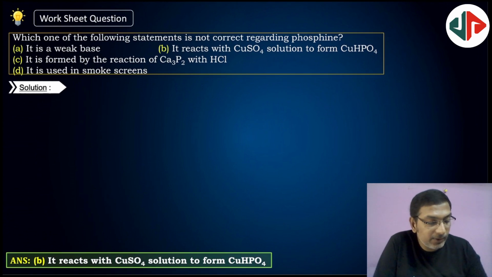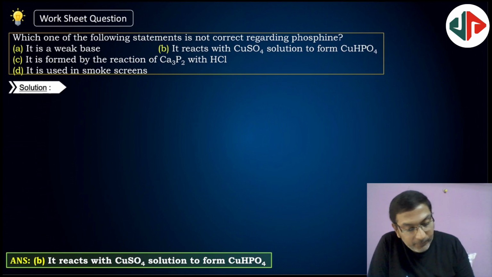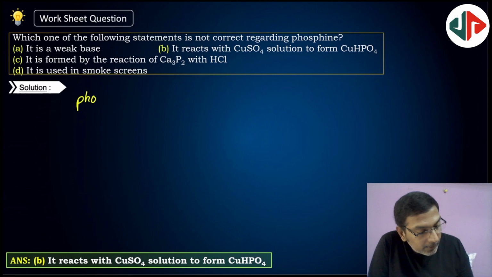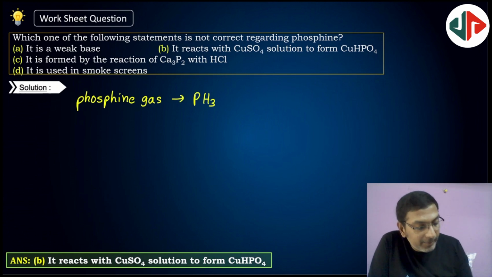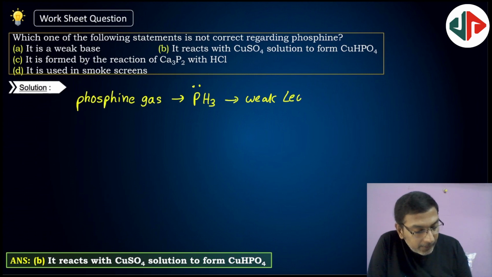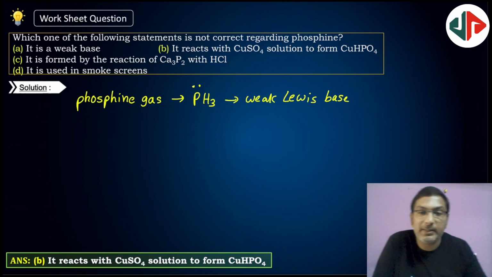So which one of the following statement is not correct regarding phosphine? Phosphine. That is PH3. Phosphine gas formula PH3. So it is weak base, weak Lewis base due to the presence of one lone pair on phosphorus. So it is weak base, correct.